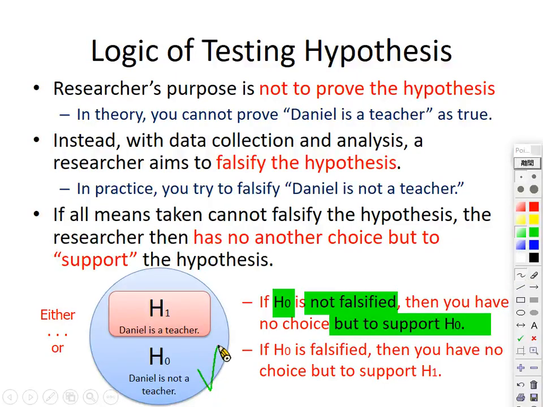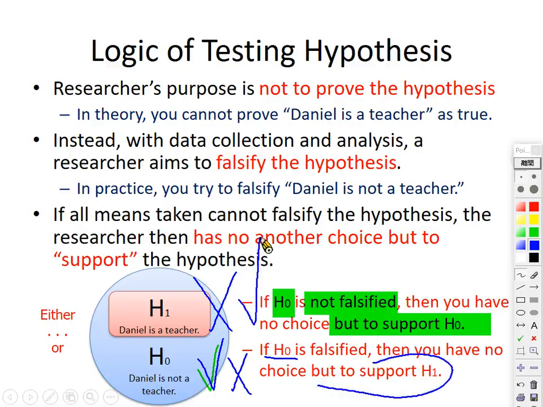She has to accept this, then she has to reject this. So say that Daniel is a teacher is rejected. There's another possibility. If the alternate hypothesis is falsified, that is, if it is rejected, then what will be your decision? You have no choice but to support this one.